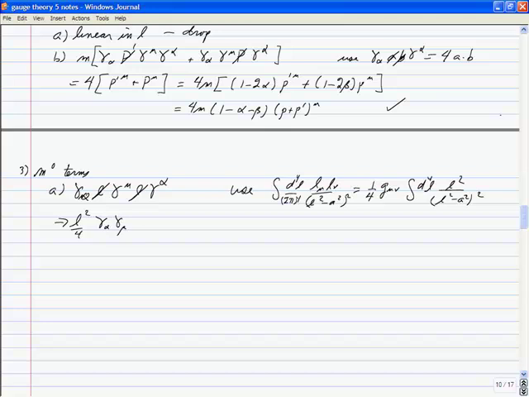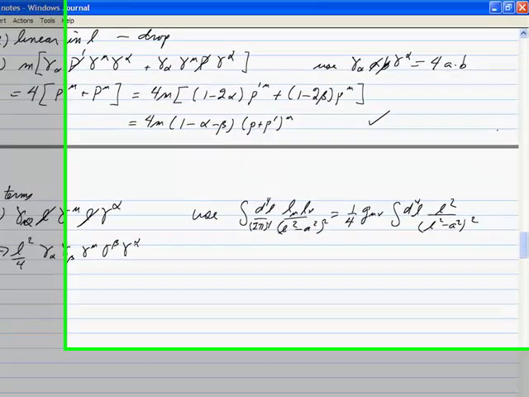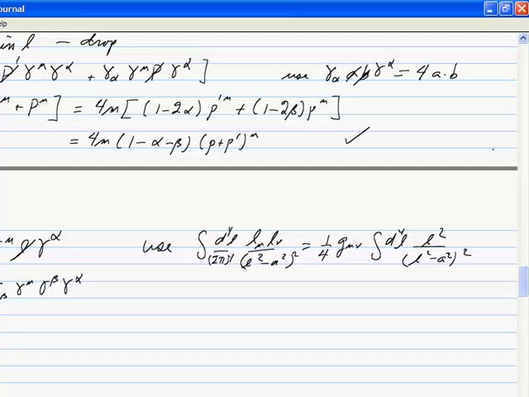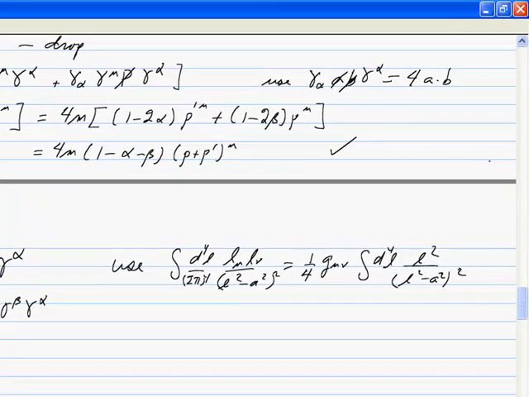Gamma alpha, gamma beta, gamma mu, gamma beta, gamma alpha. This gives me minus 2 gamma mu. This gives me another minus 2 gamma mu. This becomes L squared over 4 times 4 gamma mu, which we drop.